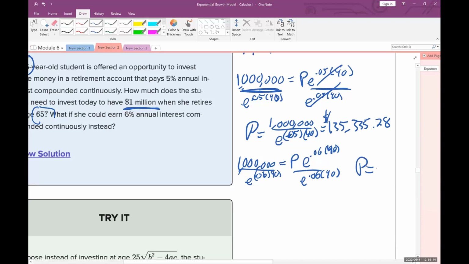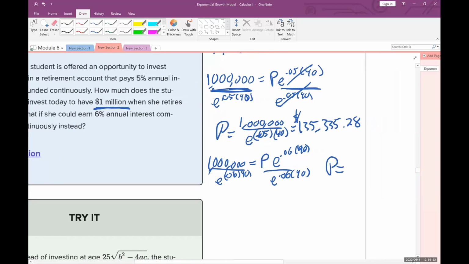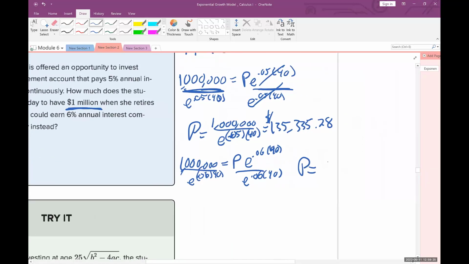So our P is what? I got $90,717.95. So if you're not getting this number, please let me know. I'll come around, look at your calculator, see how you're putting it in, and make sure we get any bugs debugged.